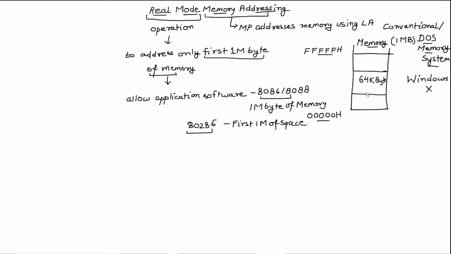So let's suppose we have a segment here which is of 64 kilobytes. The microprocessor will assign the initial location of this segment. Let's say it is 10000H in hexadecimal, and if we add 64K bytes to this number, the final number will be 1FFFFH.